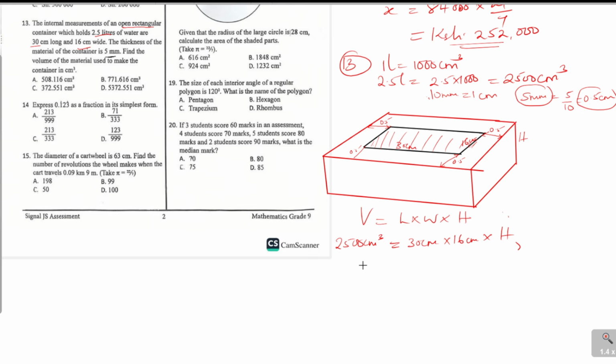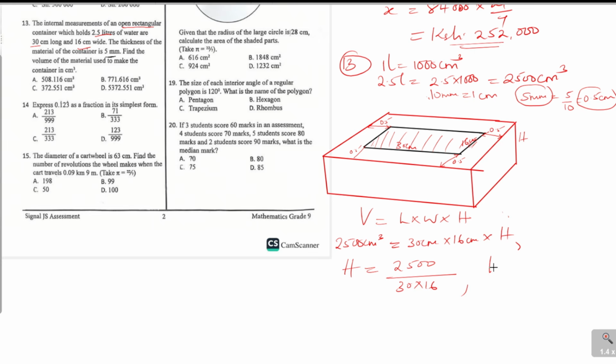So when you multiply that, this is what you're going to get. 30 by 16. Let me just make h the subject. So if you make h the subject, you want to get h. So you divide both sides by 30 times 16, the right hand side by 30 times 16, the left hand side by 30 times 16, so that you can remain with h on one side.